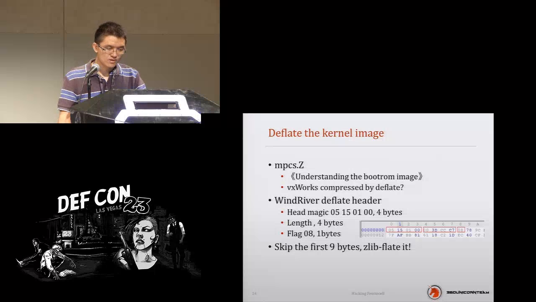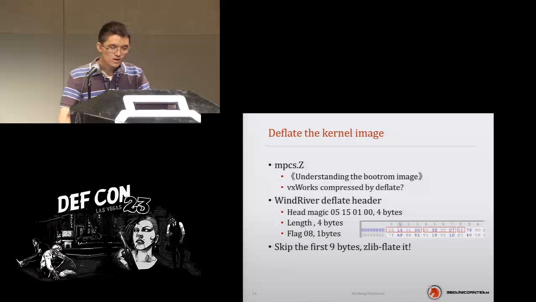And after consulting Google search, I found an article, understanding the bootloop image of VxWorks, which is an excerpt from the VxWorks manual. In this article, some clues indicate that the VxWorks image was compressed with the Deflate algorithm. But even so, with the Deflate method from the lib, what I got ended with an error.